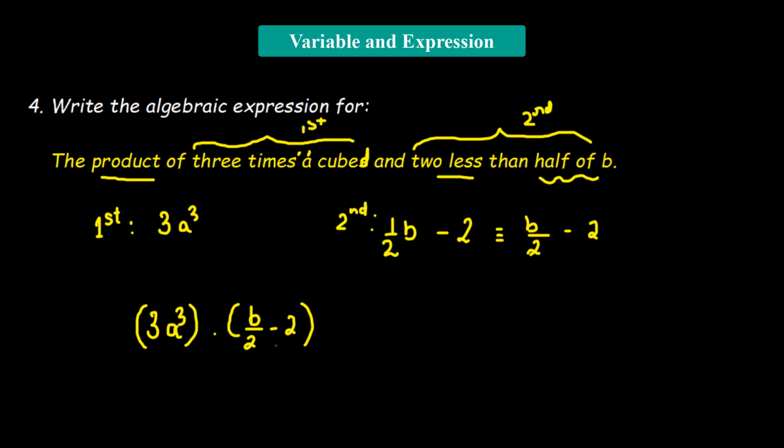This is the required algebraic expression for the given mathematical statement. We're not going to perform any operations here, that will come much later. The whole idea of this lecture today is simply to convert a given mathematical statement into an algebraic expression.